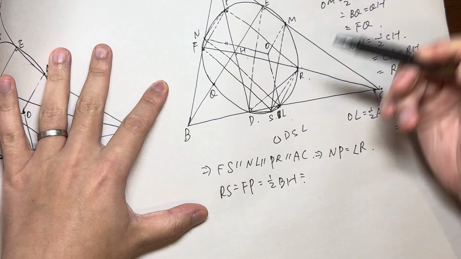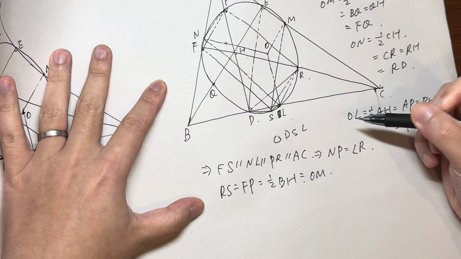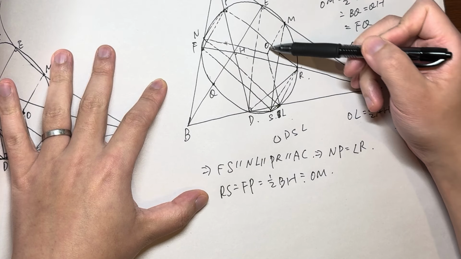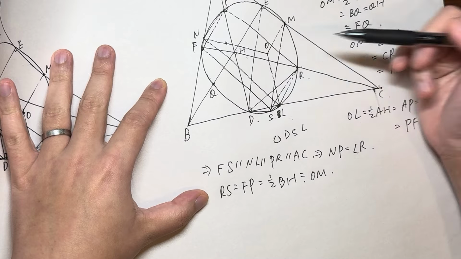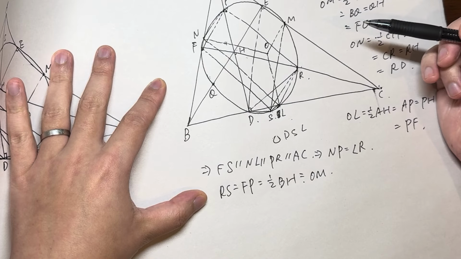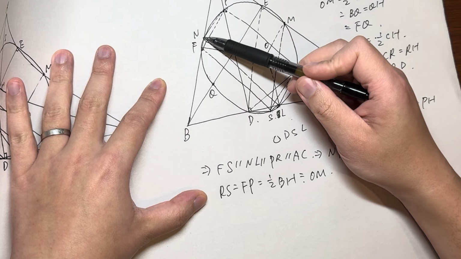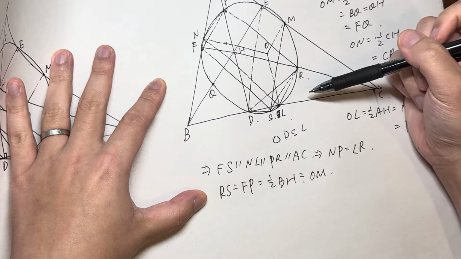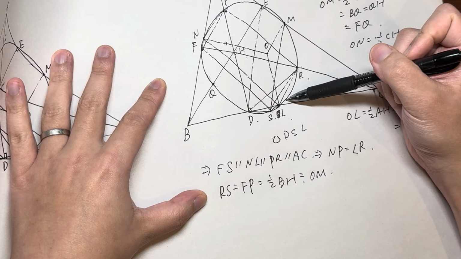Half of BH equals OM. Right, so RS equals OM. And RL would equal OL. Let's try. RL equals NP. Wait, no. RL.